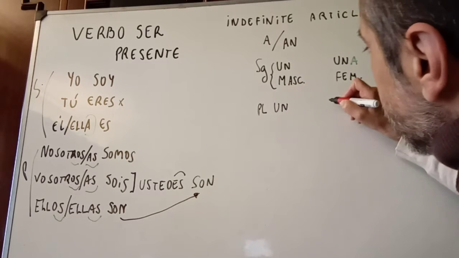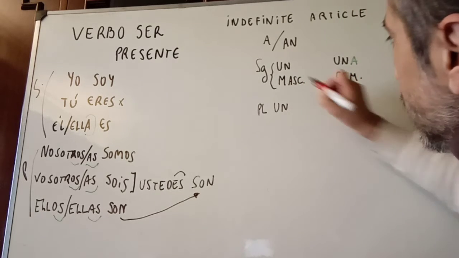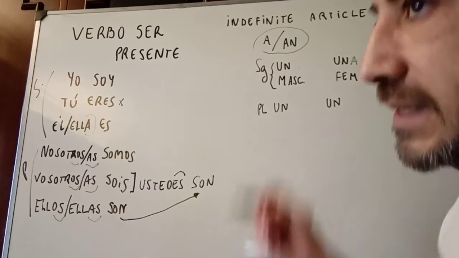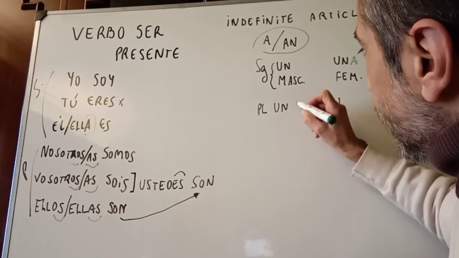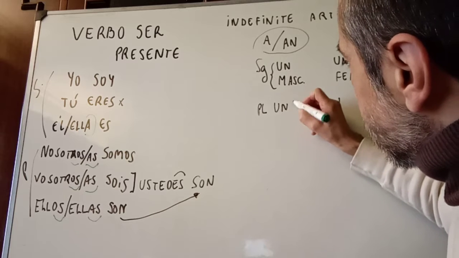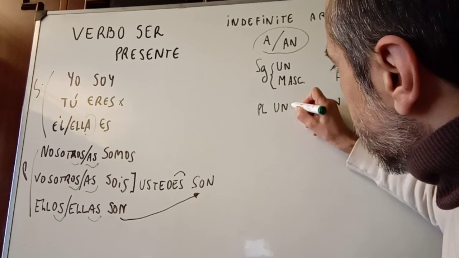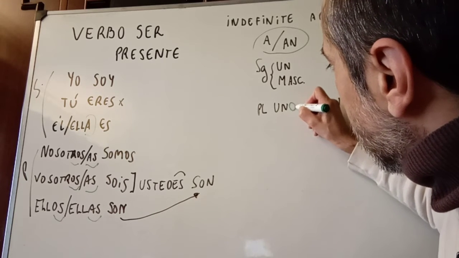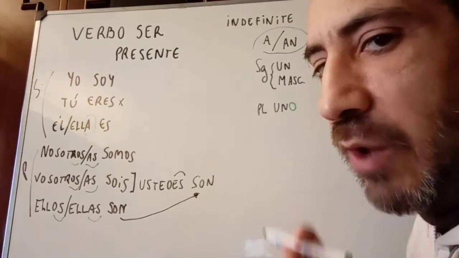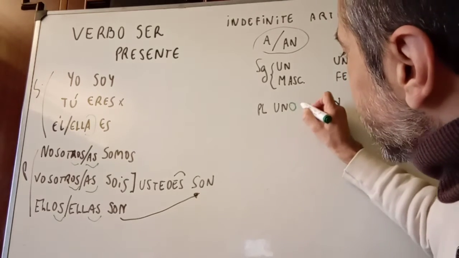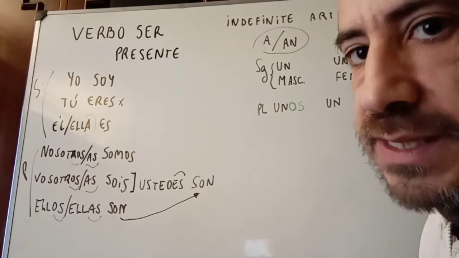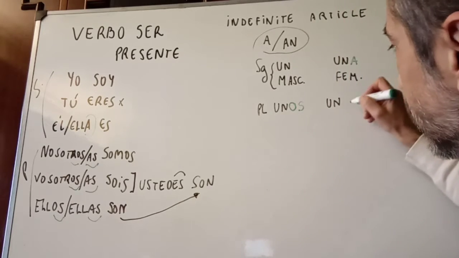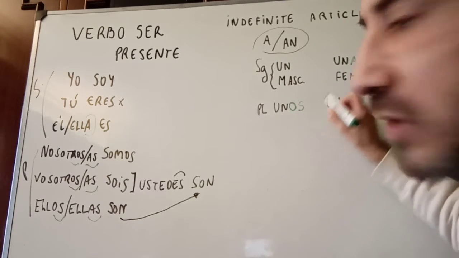I say this because in English, you don't have a plural for this. You say some or any. In the masculine case, we use the typical vowel for masculine, and the S, that is the mark of plural in Spanish, the same as in English. Unos, unos, una.